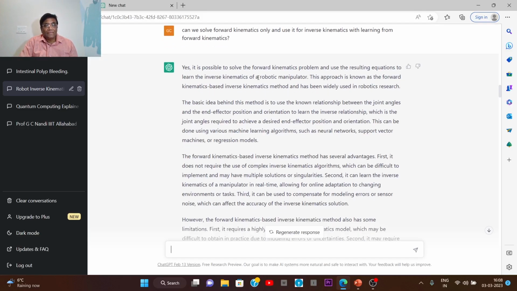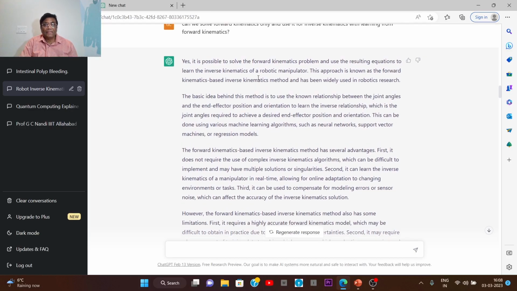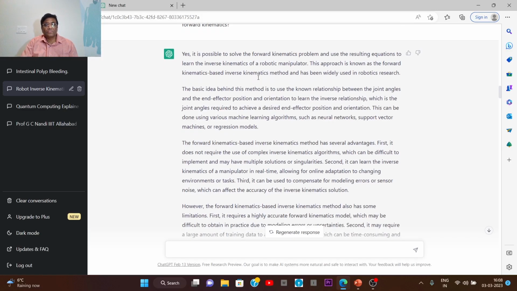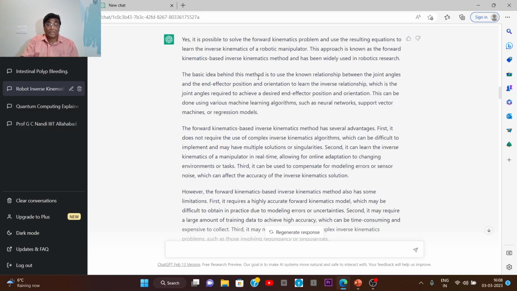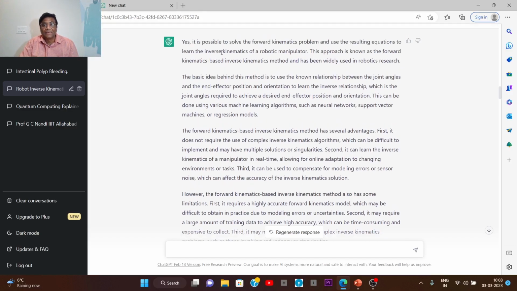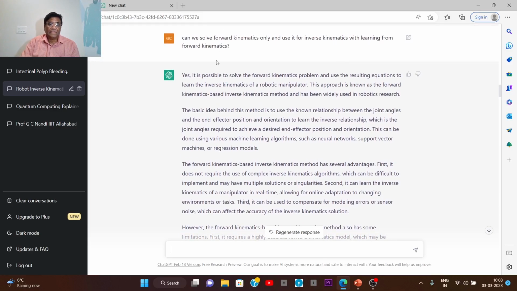So we were trying even then to exploit forward kinematics to crank out the inverse kinematic solution, and it gave today's state of the art, meaning the forward kinematics based inverse kinematics method has several advantages and how it can be done. And by the way, very recently, it's an active area of research, and people have done so much work, still for a six-link industrial robot.